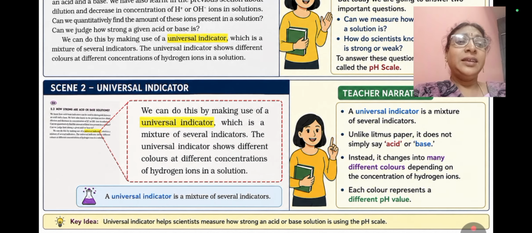Instead, it changes into many different colors depending on the concentration of hydrogen ions. Each color represents a different pH value. Here, the universal indicator helps scientists measure how strong an acid or base solution is using the pH scale.